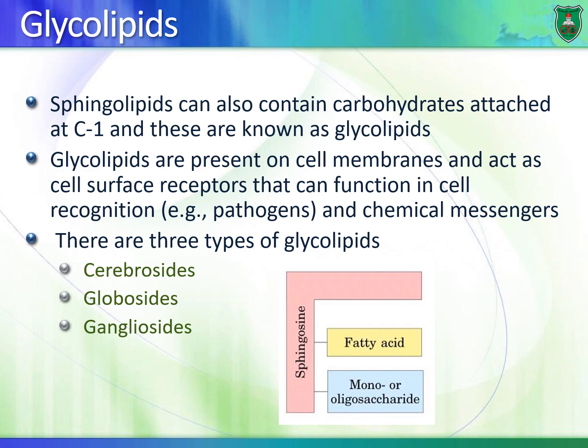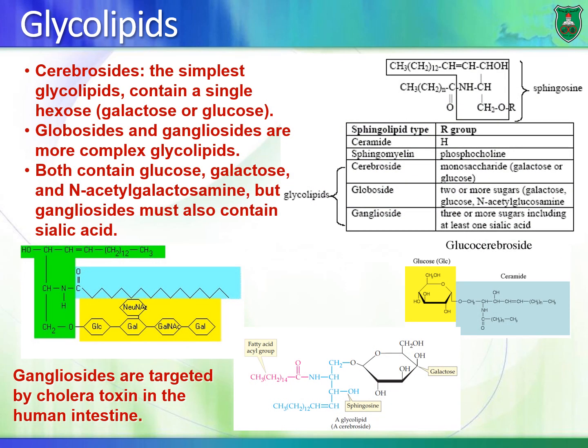They can participate in signaling, cell recognition and so on. So there are 3 types of glycolipids, and these are known as cerebrosides, globosides, and gangliosides. From the name, you can realize that they are rich in the nervous system: ganglions, cerebral, and cerebellar, and so on. Anyhow, so cerebrosides, they are the simplest glycolipids.